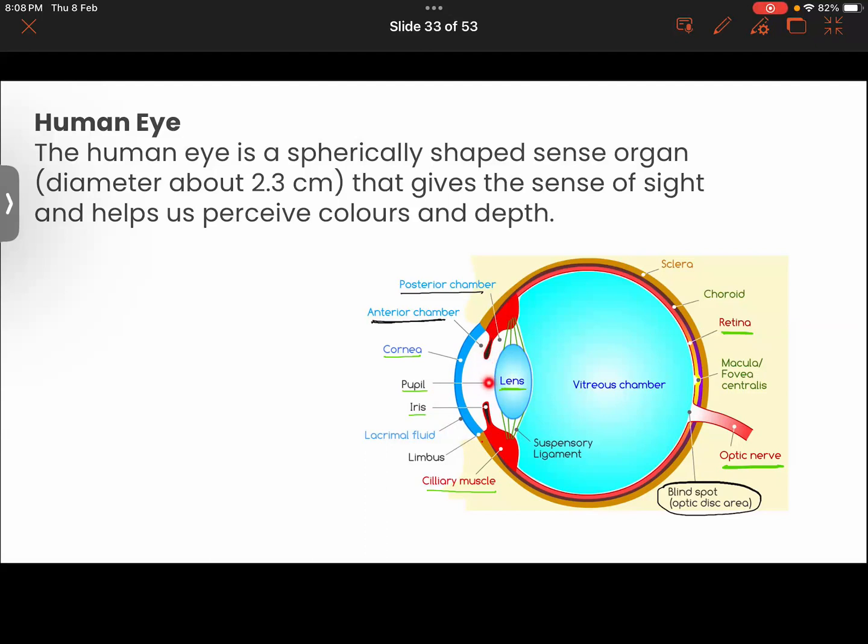Look at the gap between the iris, this gap that you see. This is the gap via which the light actually enters into your eye. Also, if you were to look at your own eye, you will see that there's a dark spot in the center of the iris.